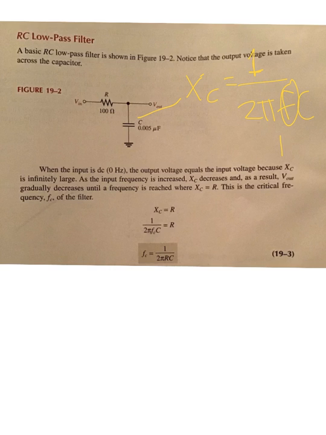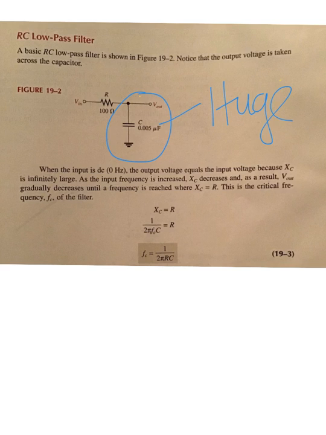As frequency goes up, x sub c drops quickly. It drops quickly, especially after the critical frequency spot, f sub c. So at low frequencies, this thing here is just a monster. It's just huge.